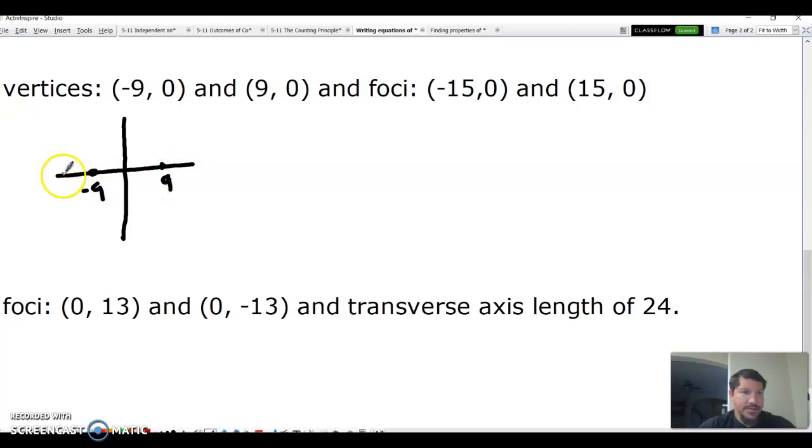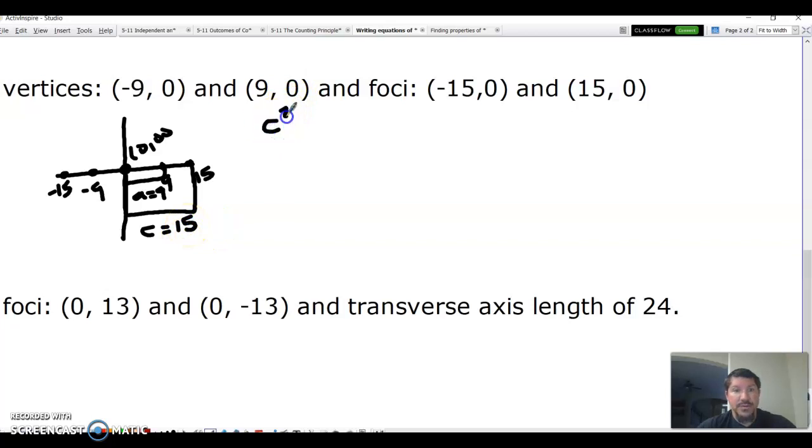Halfway between each pair is the origin, 0, 0. So A is that distance, A equals 9. C is that distance, so C equals 15. We need B to be able to write our equation.